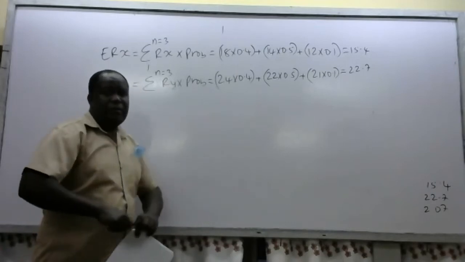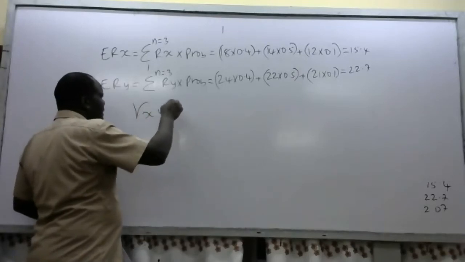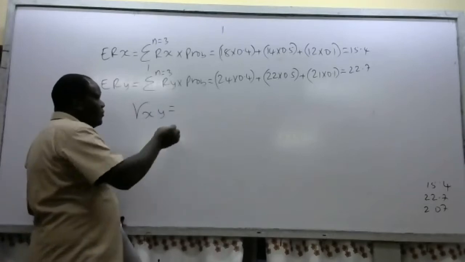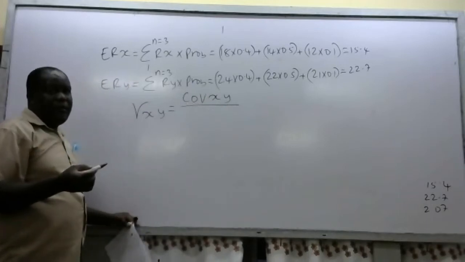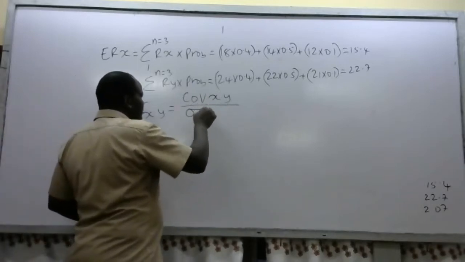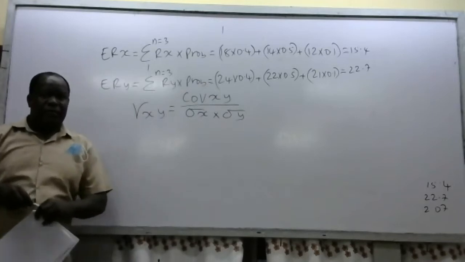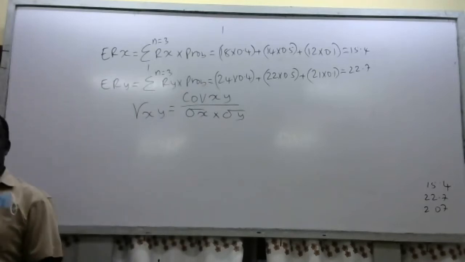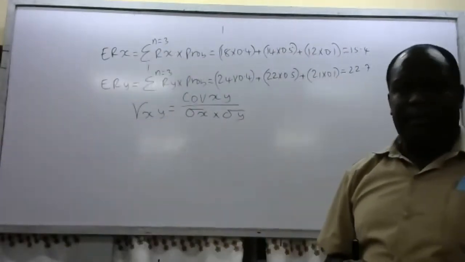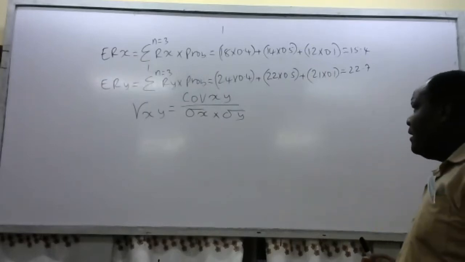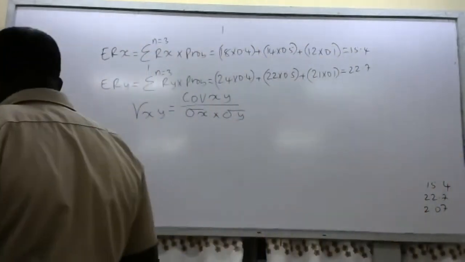So when you want to get the correlation coefficient between x and y, it will be equal to the covariance between x and y divided by the standard deviation of x multiplied by the standard deviation for y.